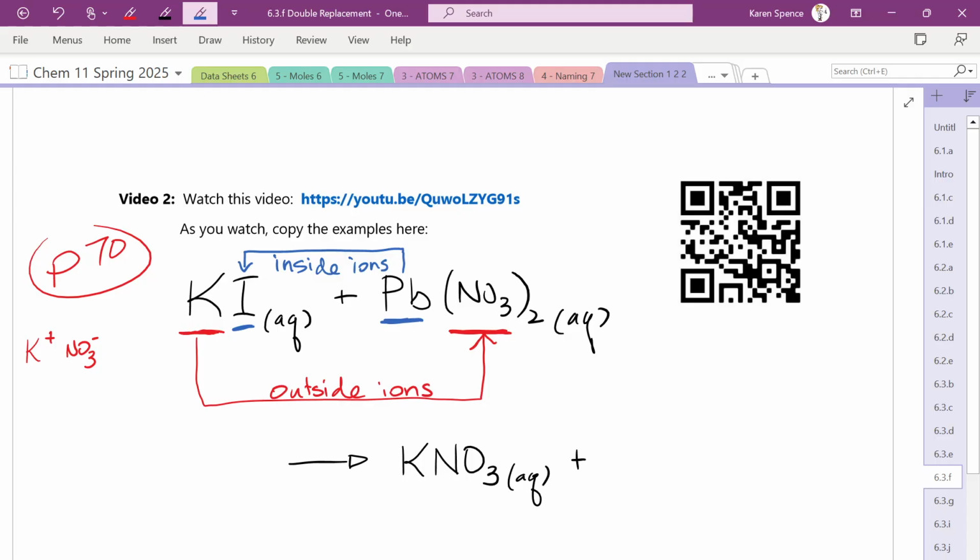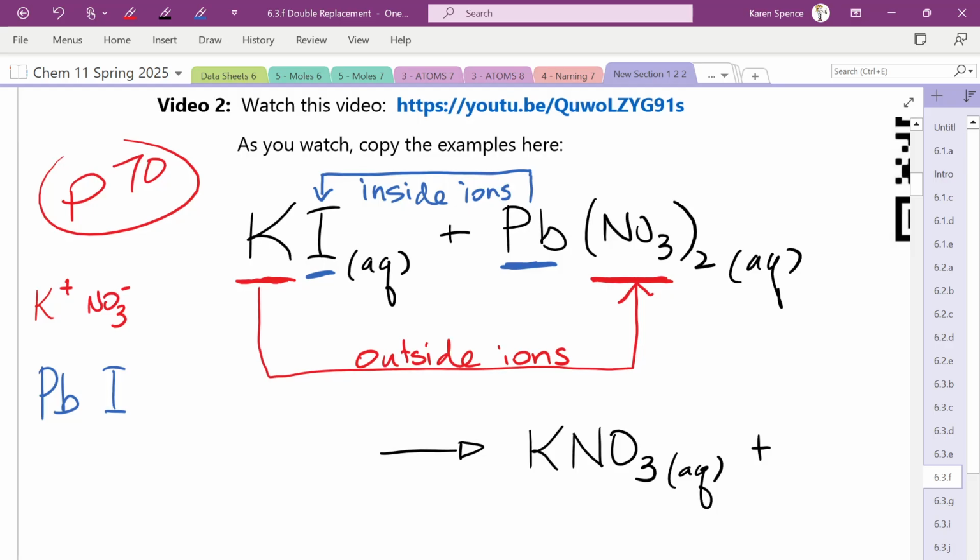The reason that you do it that way is to make sure you always write your metal first. Okay? If you do it that way, you'll always write the metal first. So outside ions go forwards. Inside ions go backwards. So now we have Pb, and then it ends up going with I. Pb, what is the charge of lead in the lead nitrate?